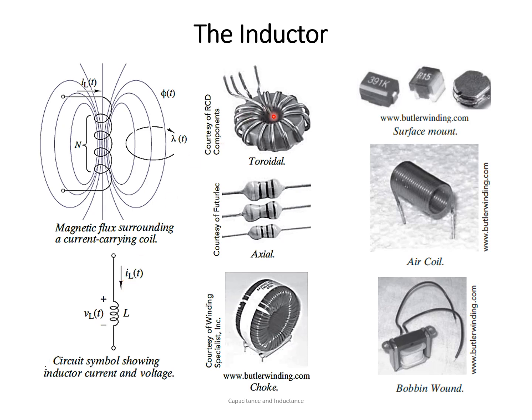Here are various forms of inductors. Toroidal, axial, apparently it looks like a resistor, but these are inductors. And this is a choke type inductor, and this is an air coil. In this choke type, there is a core in it, not visible clearly, but there is a core over here.